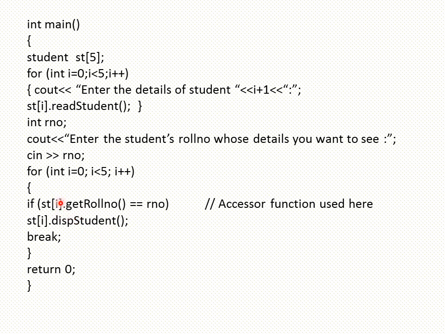That's why it is written as st of i dot get roll number. This accessor function is used here, and this is comparing the given roll number. If they match, immediately it is accessing the disp student function where it will display the details of the needed student, and once it gets displayed, the break statement gets executed and it comes out of the loop and the program ends here.